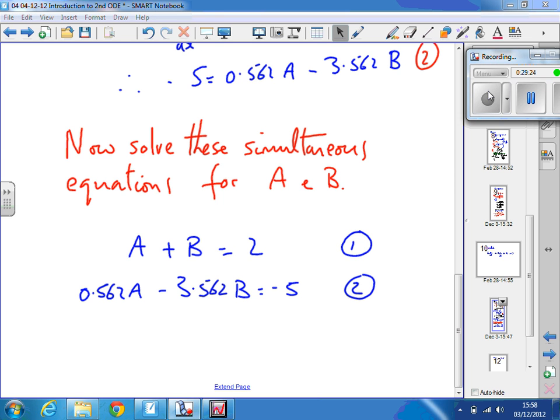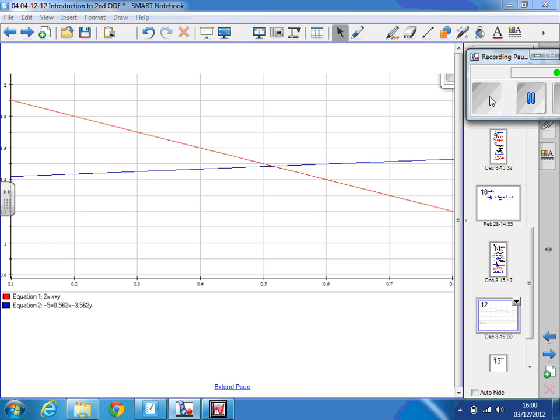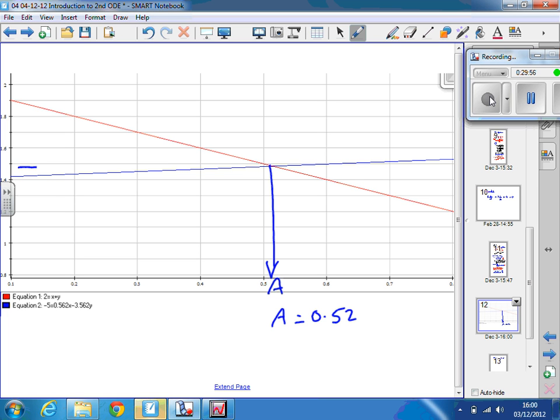Plotting these, a was x, so this is going to give us a, which is about 0.52, roughly, is that right? And b, 1.48, roughly?